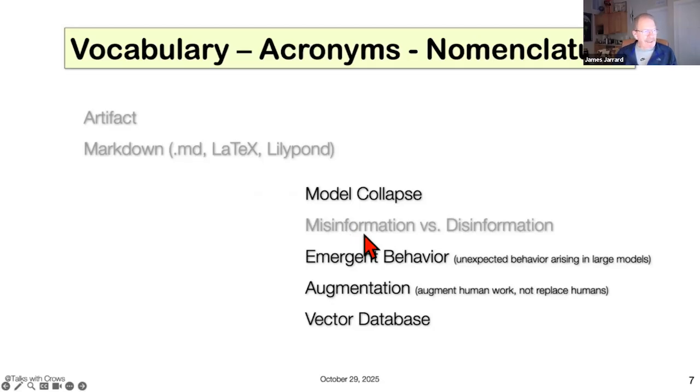We talked a little bit about misinformation and disinformation. If you watch anything on the news, you can see that our current president is using AI to dump on his opponents. It's causing a lot. This emergent behavior: you know, they build an AI and they don't know what it's going to be able to do.